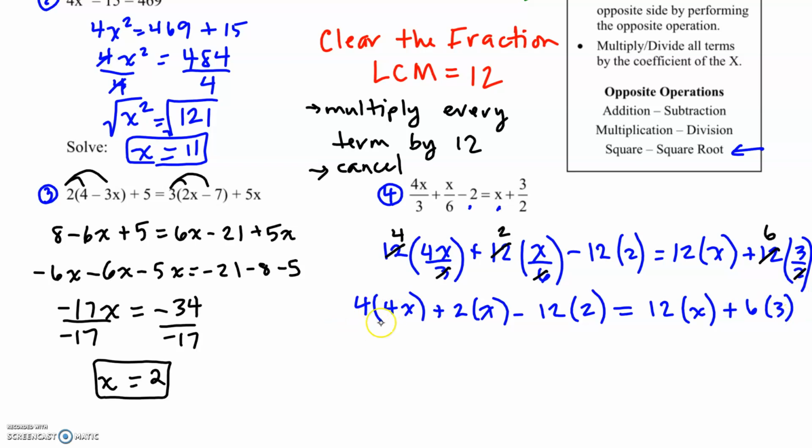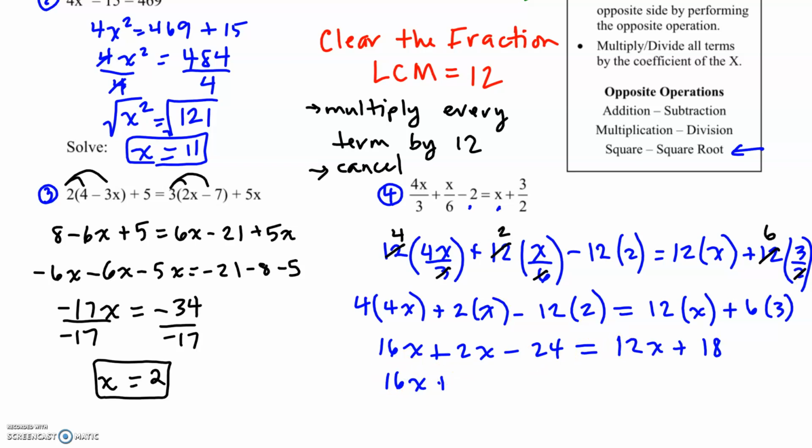All right, now we're going to go ahead and multiply through. So 4 times 4 is 16x plus 2x minus 12 times 2 is 24 equals 12 times x is 12x plus 6 times 3 is 18. We're going to move all the x's to the same side.